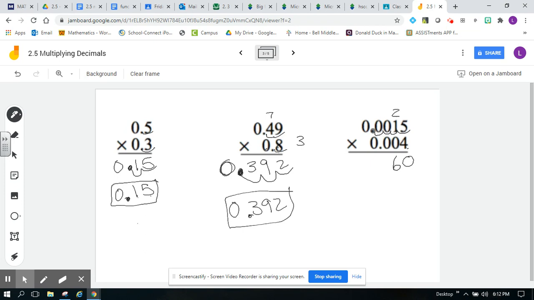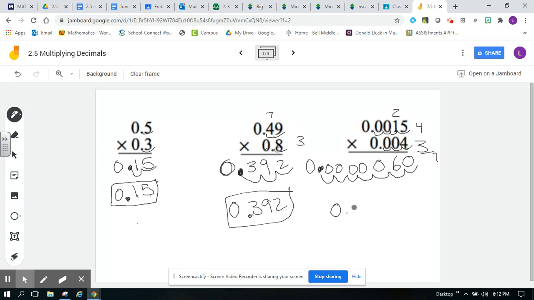1, 2, 3, 4. It's 4 on this one, and 1, 2, 3 on this one. So that's a total of 7. So I've got to go over 7. 1, 2, 3, 4, 5, 6, 7. And that's where my decimal place is going to be. I have to fill in zeros for all of those places where there isn't a number, and put a 0 out in front so that it never looks confusing.